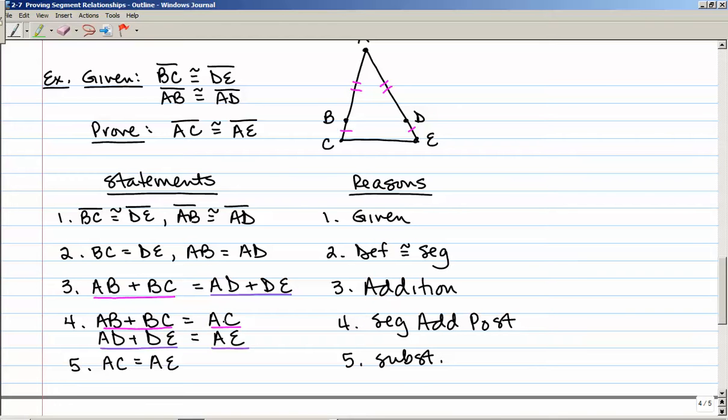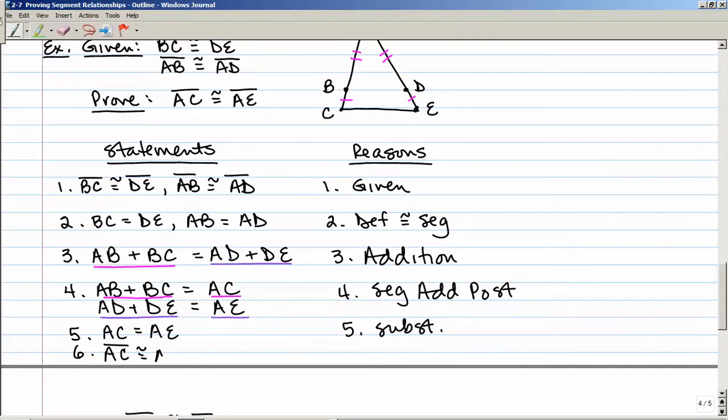I substituted AC in here for AB plus BC, and I substituted AE in here for AD plus DE. Now I'm very close to what I have to prove. All I need to do is a definition of congruent segments, and I have gotten to what I have to prove. Okay, and I'm done with that proof.